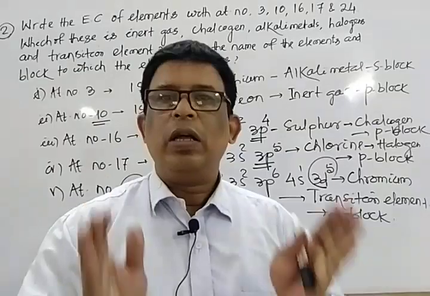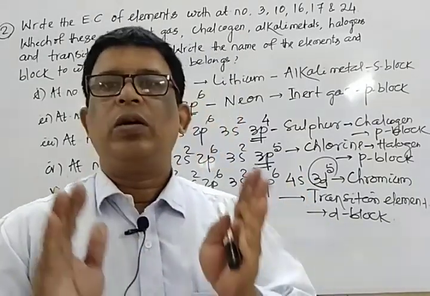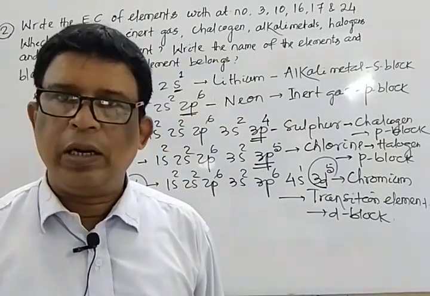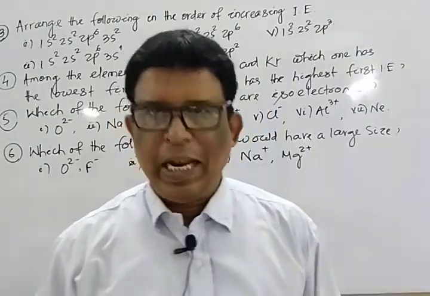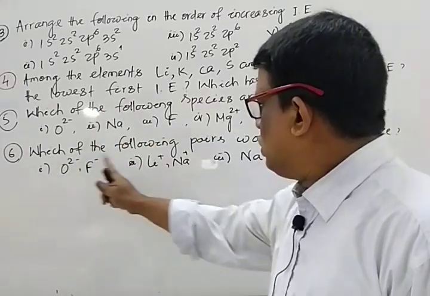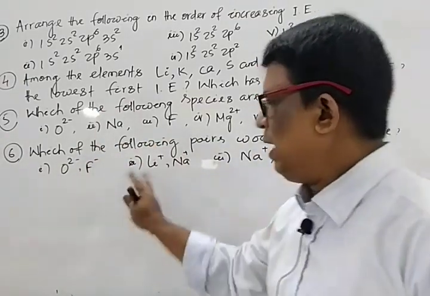It is about the concept of how to predict the period, group and block for the element present in the periodic table. Next, switch over to some other numericals. Mark the next question. Which of the following pairs would have a larger size?